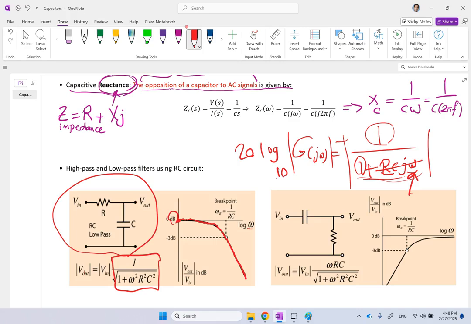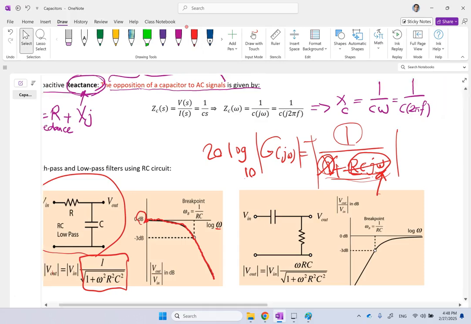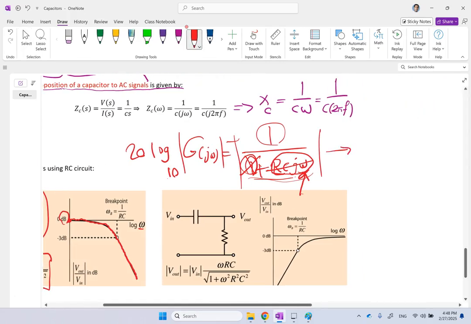And as omega gets bigger and bigger, then this constant term 1 is not comparable to the other term, so you can neglect it. Then your magnitude will go to 20 log 10 of 1 over the magnitude of RC j omega, which is simply RC omega.